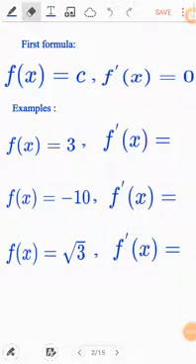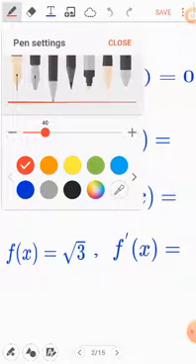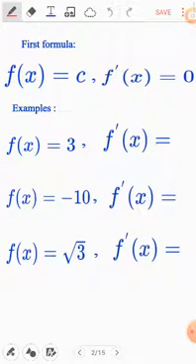The first formula in this lesson is: if we have a constant function, the derivative of this constant function is 0. This means if the function is constant, then its derivative is 0.